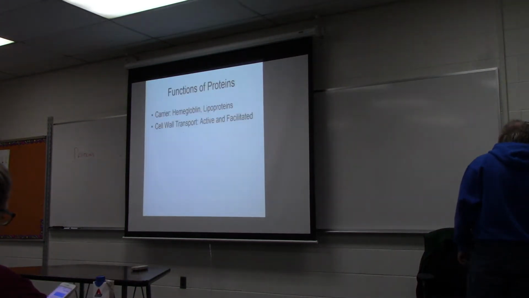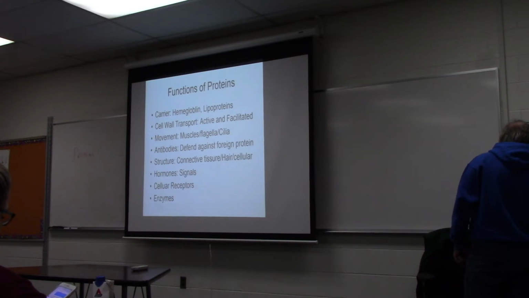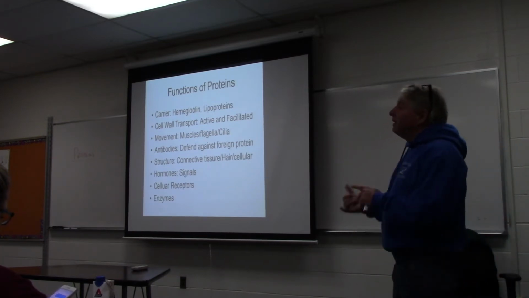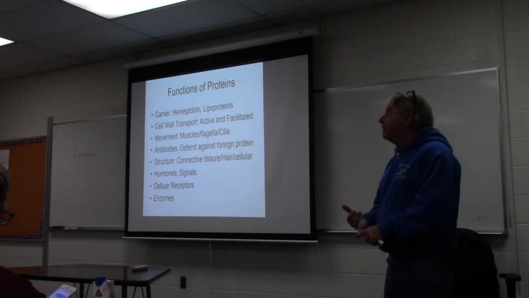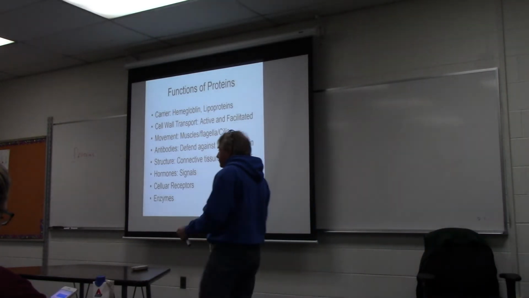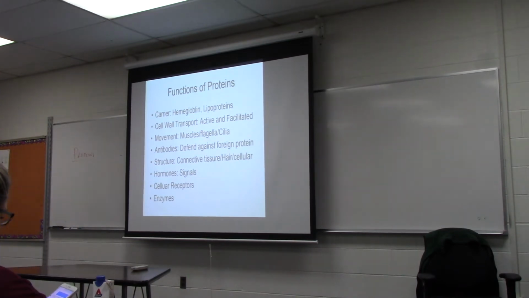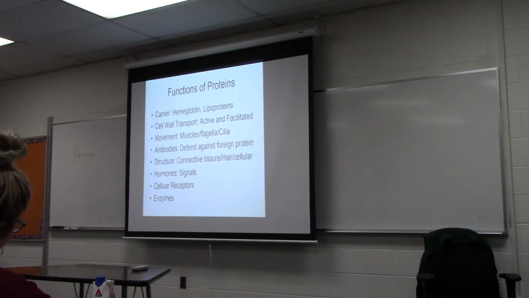Okay. All right. So the list of the functions. So we have carriers, which are hemoglobin and lipoprotein and others. All right. Cell wall transport. You had the active transport and facilitated for moving things in and out of the cell, because most things are too big to go in the cell, and so they need help.